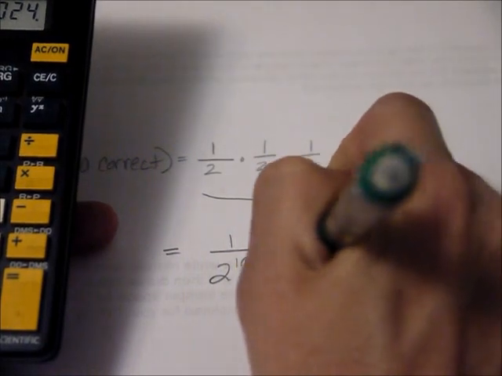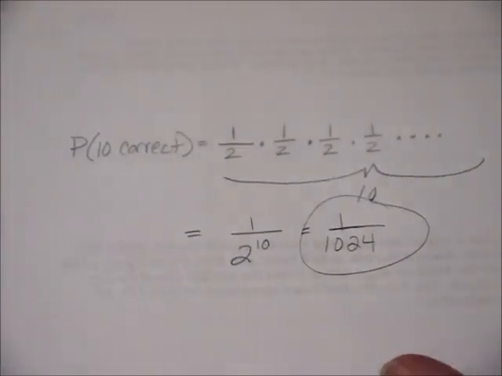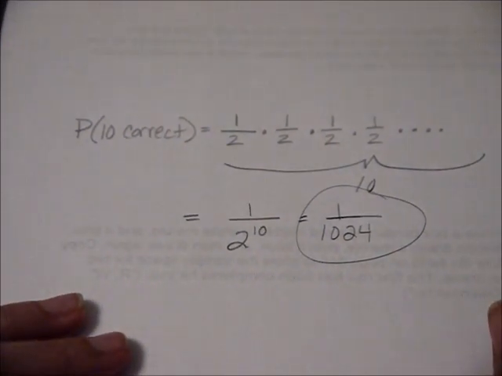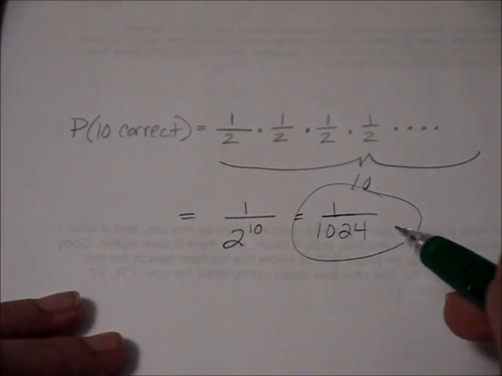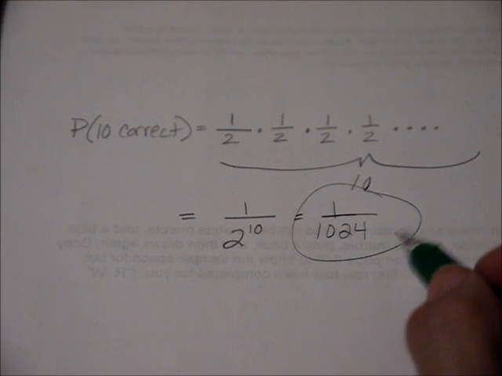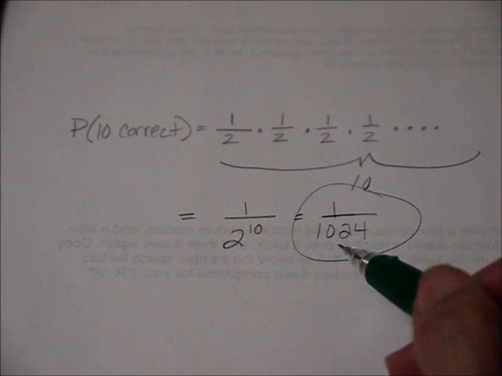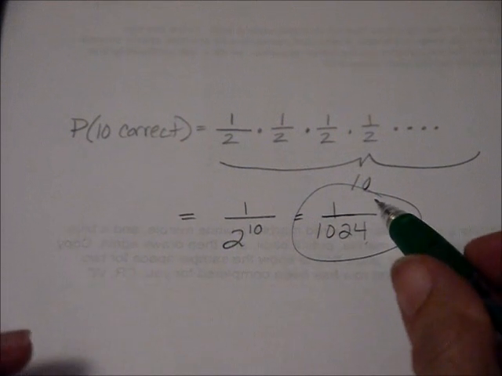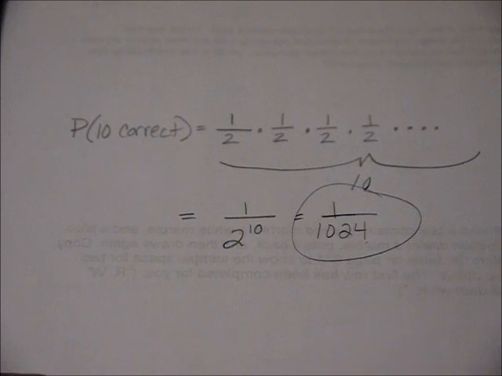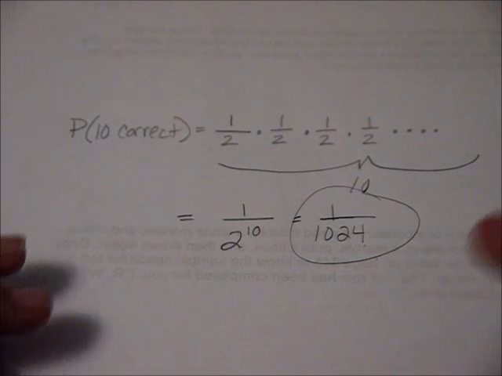So the probability of getting your whole test correct, if you guessed all those true and false, is 1 out of 1024. So don't plan on getting 100% if you didn't study and were going to just guess all the true and false, because this is not a really good chance that you're going to get an A.